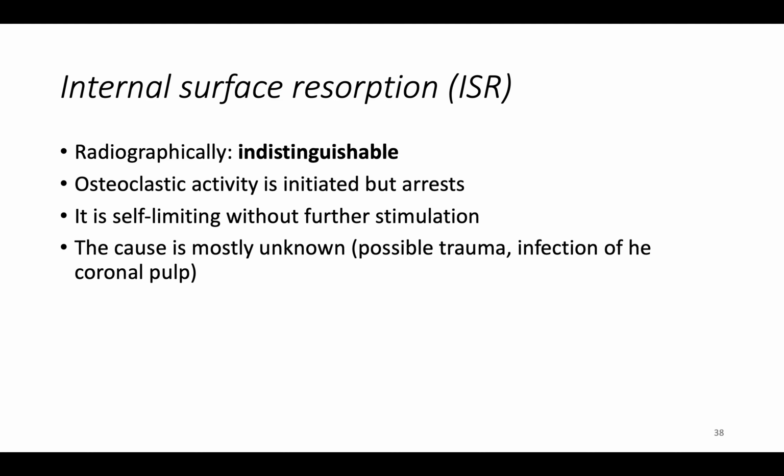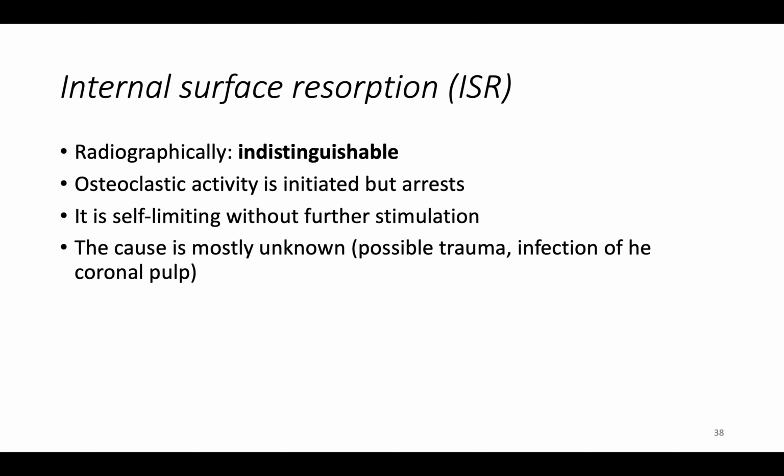It has three subtypes. The first one is internal surface resorption. On radiographs, it's indistinguishable. It's difficult to diagnose on radiographs. You will see that the odontoclasts would have started the process of resorption, but it arrests.